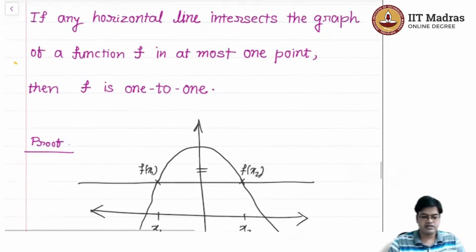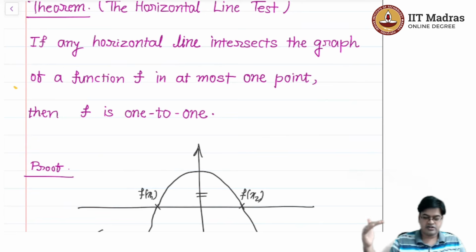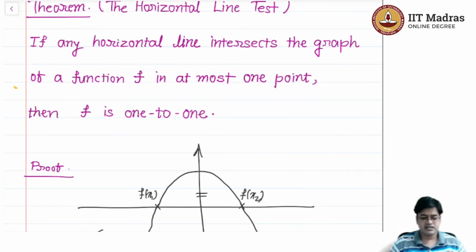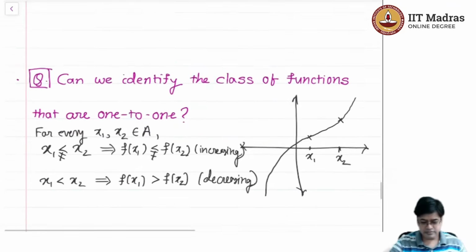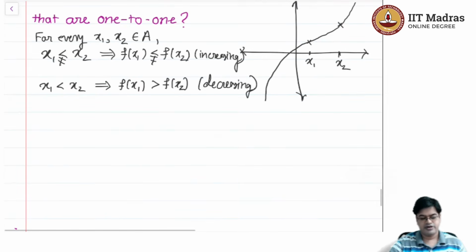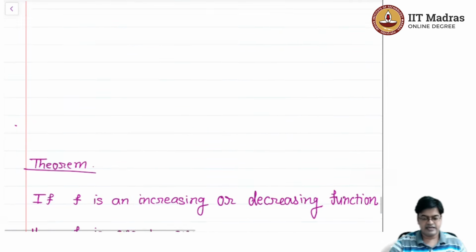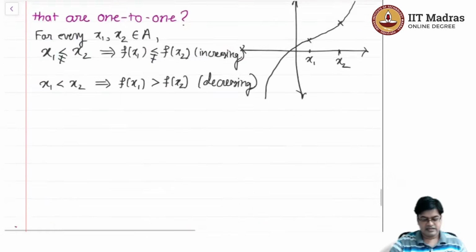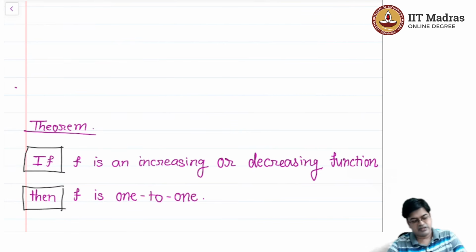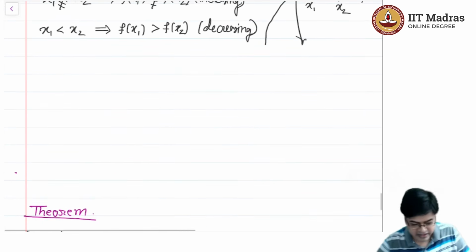Just now we have seen that if you take the horizontal line and roll it across the y-axis, there should not be more than one point intersecting that line at any given time. So increasing and decreasing functions will satisfy this, and therefore through horizontal line tests we can write that if f is an increasing function or a decreasing function, then f is 1 to 1.